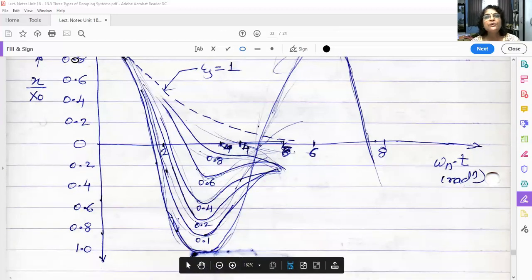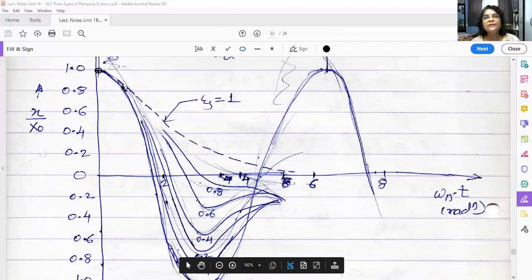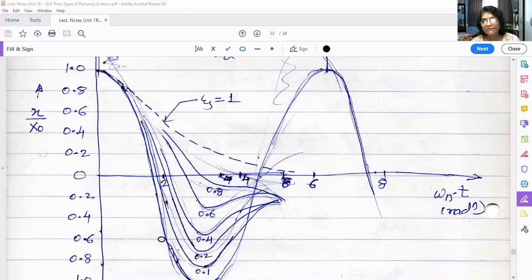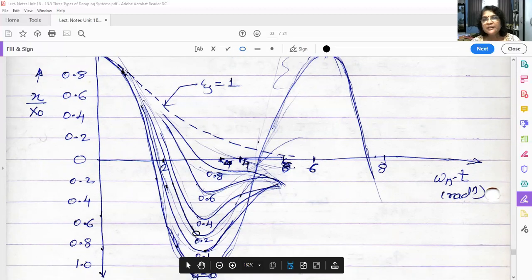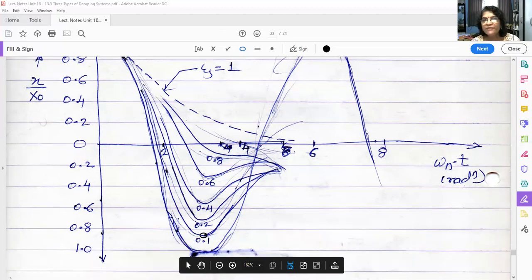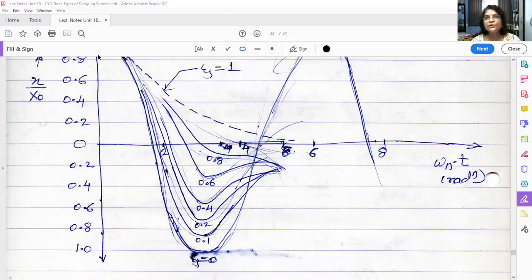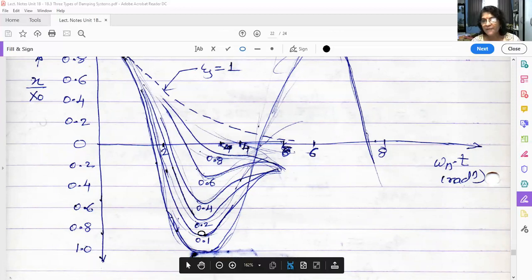So we have to start from here, which is our initial condition. Then as the body has motion like this, what will happen? This distance here, there is a reduction in amplitude in every cycle. That means in every half cycle also. So it will be reduced here in the half cycle.